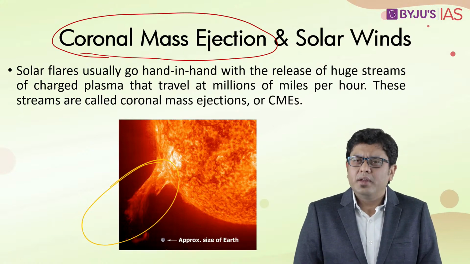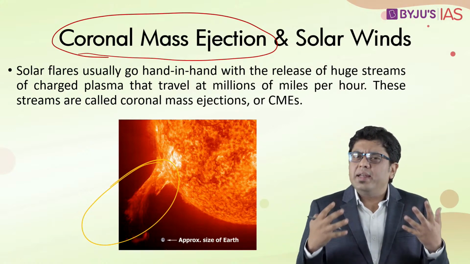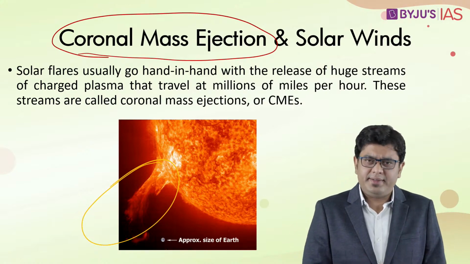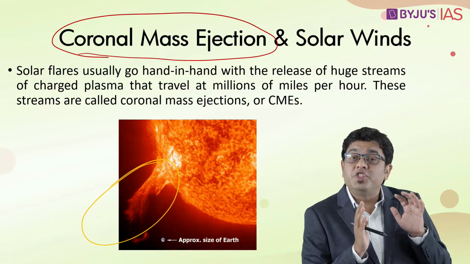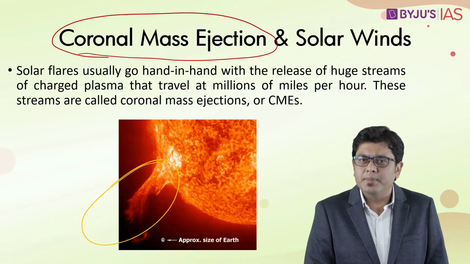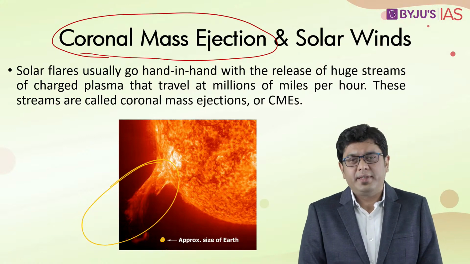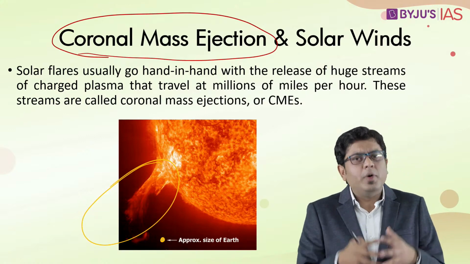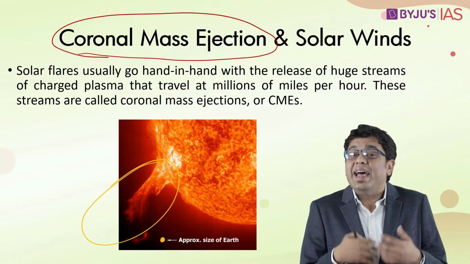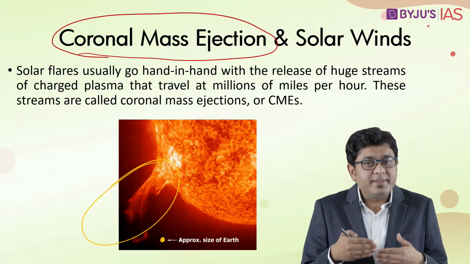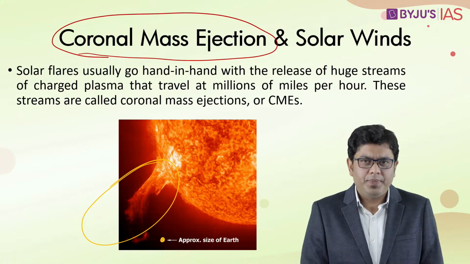And just to give you an idea about how humongous this mass is, if you compare it, this is the size of the Earth. So that gives you an idea about the total amount of mass that gets released whenever there is an occurrence of a CME, or coronal mass ejection.